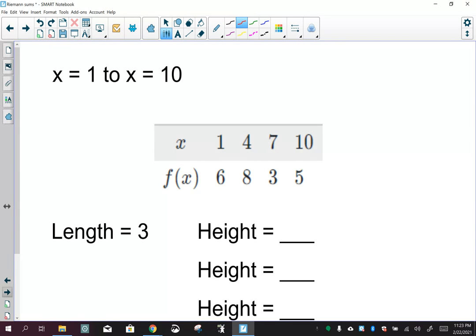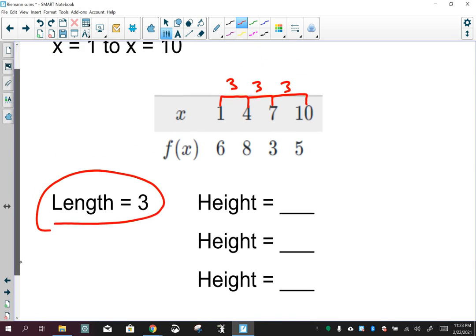So 1 to 10 here. The nice thing about this is if I go from here to here, that's a 3, that's a 3, and that's a 3. So we know that the length of each one of these rectangles is going to be 3. The question is what about the height?